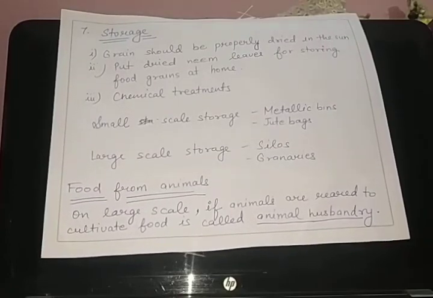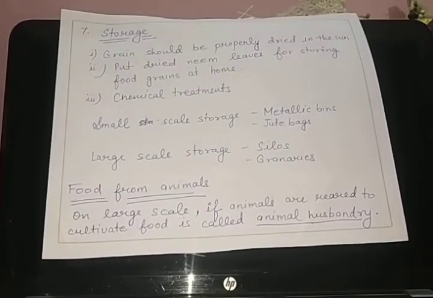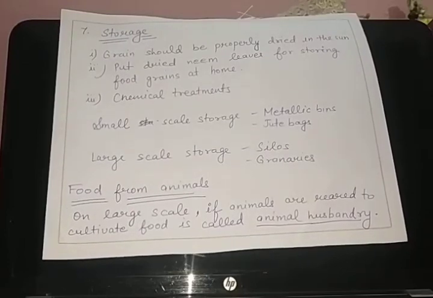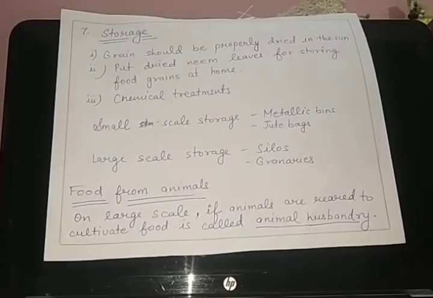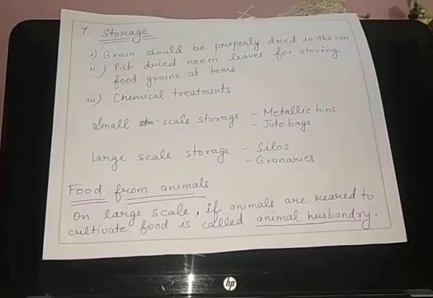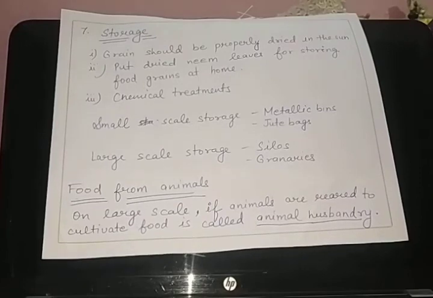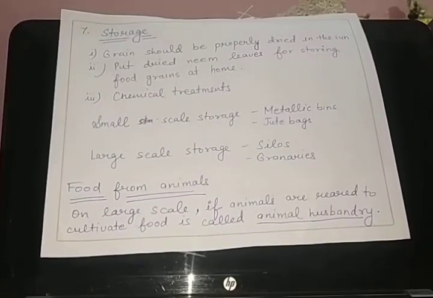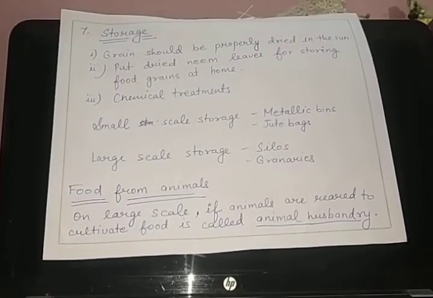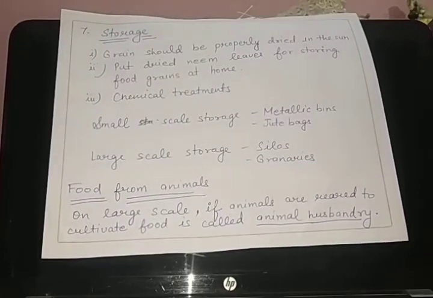In poultry farms, many hens are put there for egg production and meat production. If it is done on a very large scale, with hundreds of hens, that is called animal husbandry, right? So goat, buffalo, cow, camel; in a few places camels are also reared.